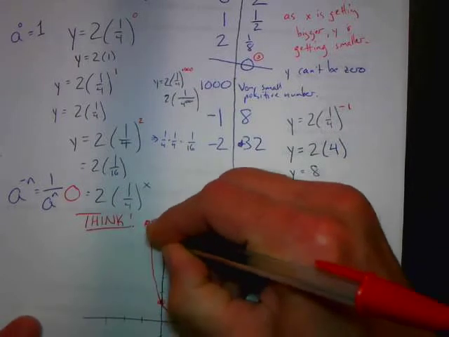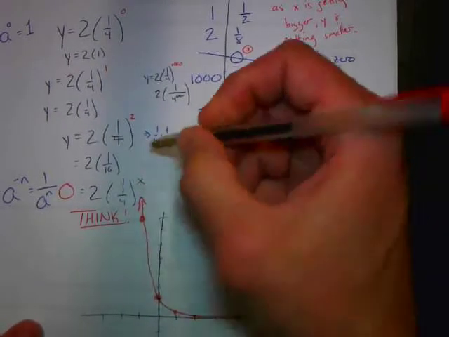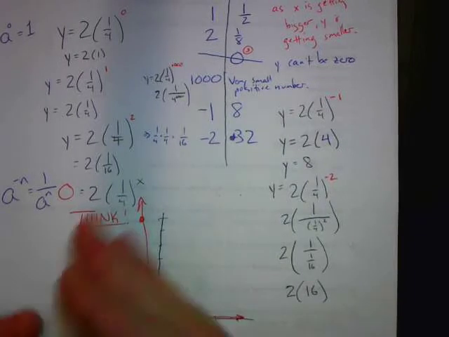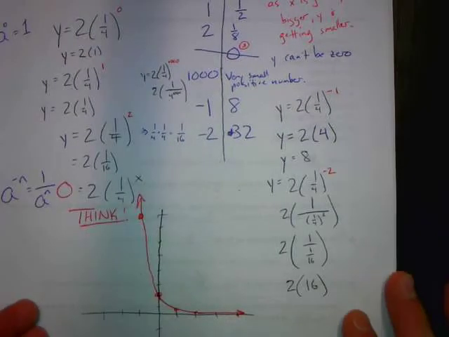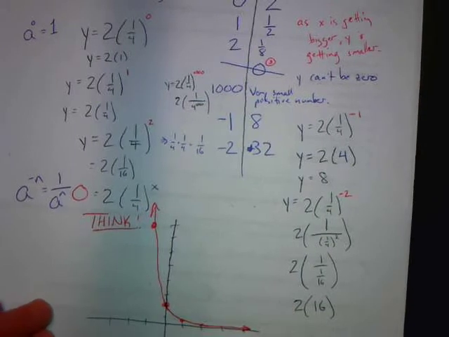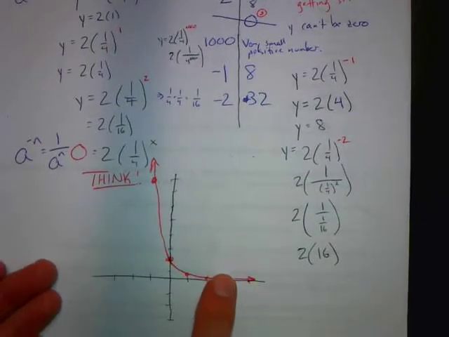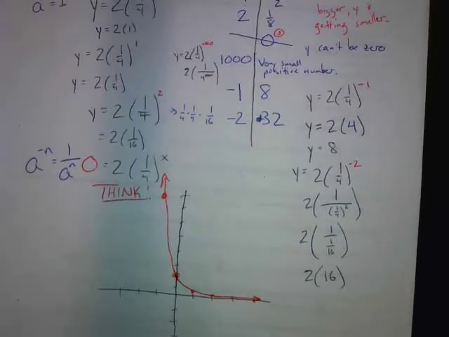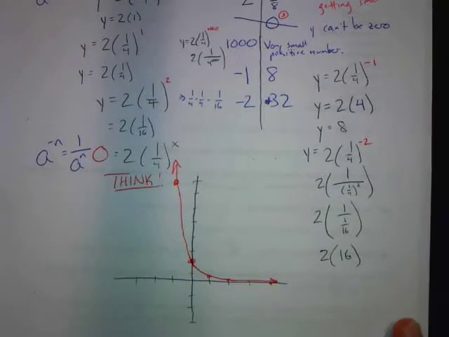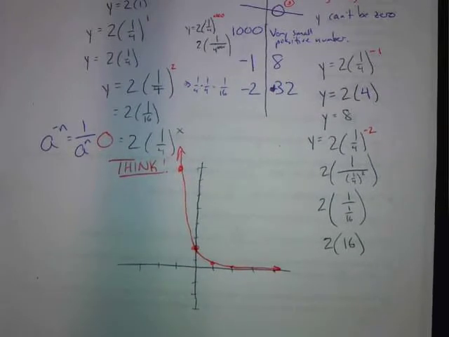The further we go to the left, the faster it's moving towards infinity, and the further we go towards the right, the slower it's going towards 0, but it'll never touch 0. So this is the graph of an exponential function.